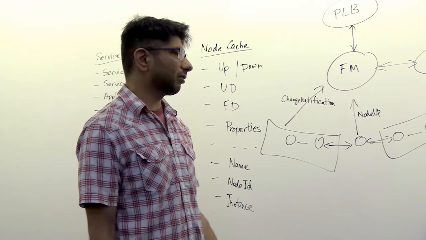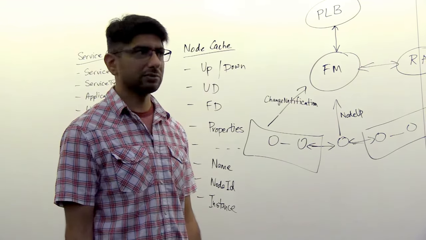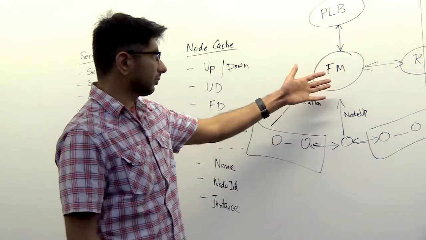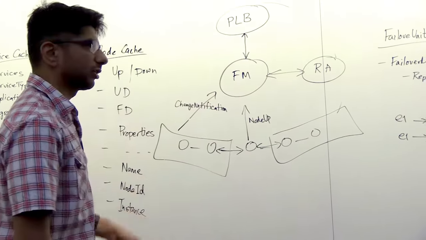So for example, when we were trying to get to that million replica demo that we did with Marcus, FM had to have a million replicas, and I don't know how many services we had.